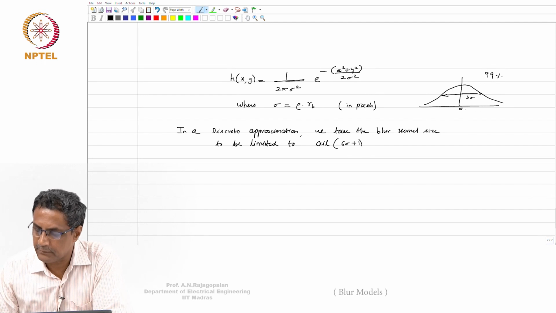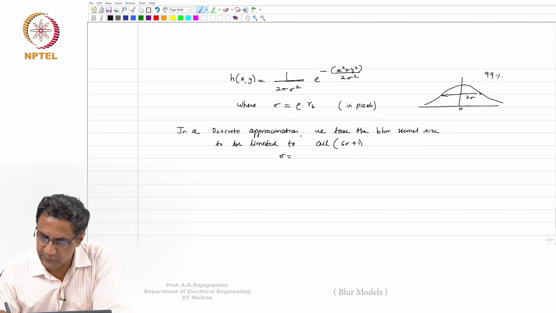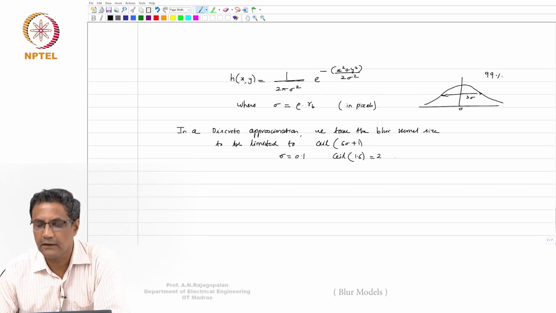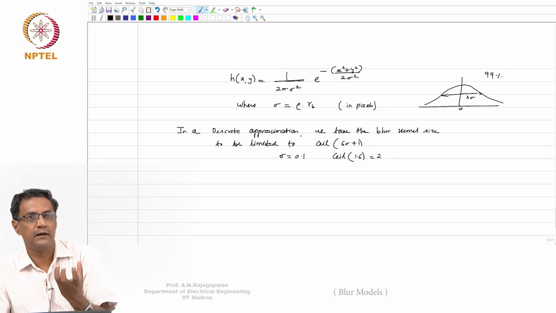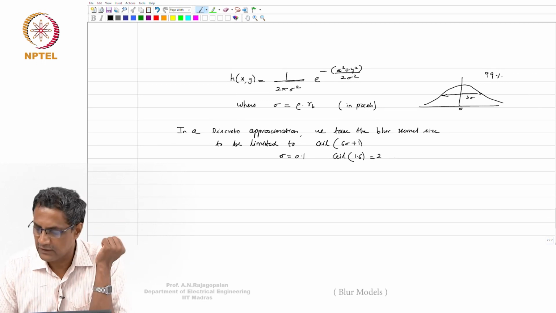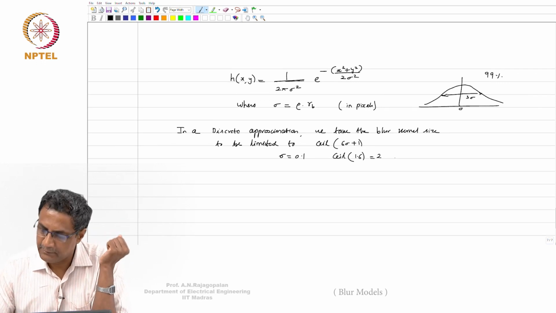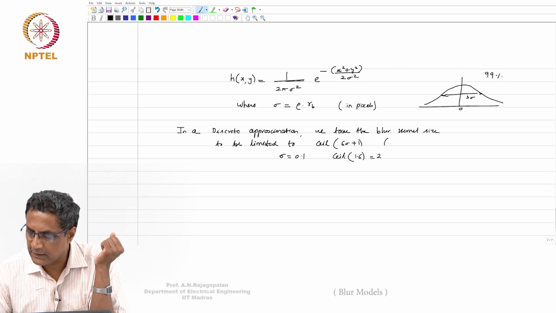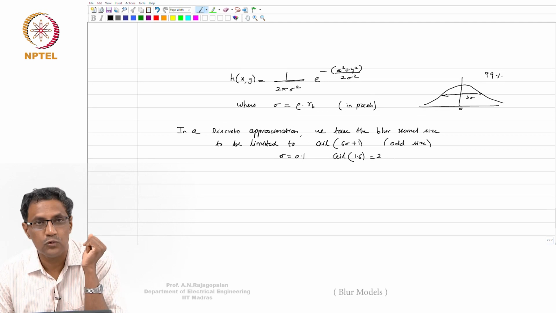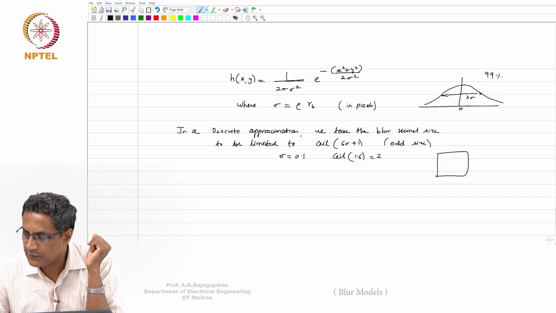For example, if sigma is 0.1, then ceil of 0.6 plus 1, so 1.6, so we'll say it's actually 2 pixels. But one likes to have an odd sized window, because if it's even, then where is the center? So we normally limit to ceil of 6 sigma plus 1, but then odd size. So even if I get 2, I will still take a kernel that is going from -1 to 1, so that I actually get a 3 cross 3.